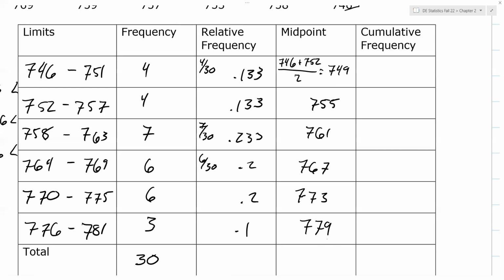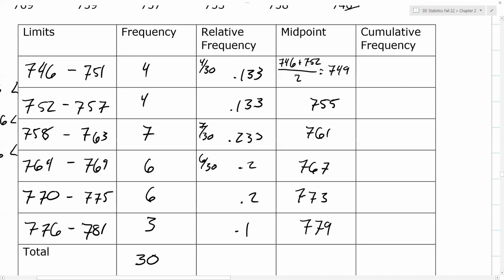And then the last thing is cumulative frequency. So again, that's where I simply add up my frequencies as it is a less than or equal to. So starts with 4, and then 4 plus 4 is 8. 8 plus 7, 15. 15 plus 6, 21. 21 plus 6, 27. And then 27 plus 3 is 30.